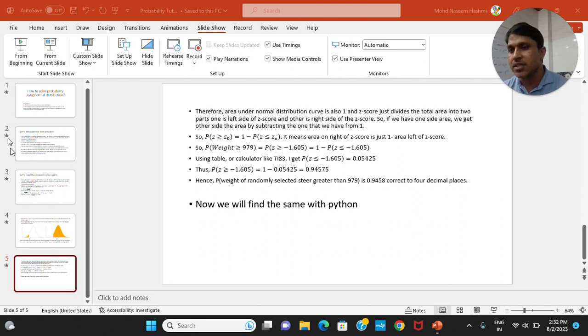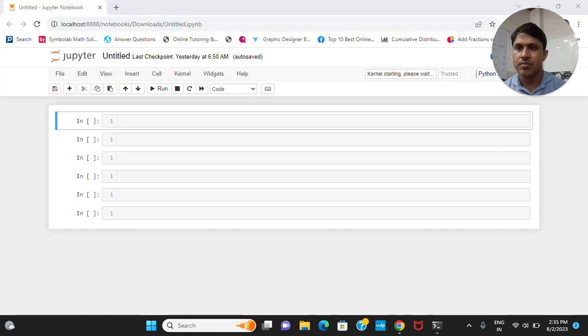Okay. Just wait for a minute. I write most of my Python code in Jupyter notebook. So here is the Jupyter notebook, and I'm going to solve that problem in Python too.